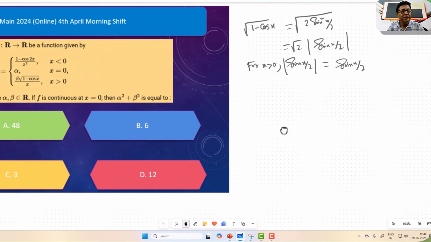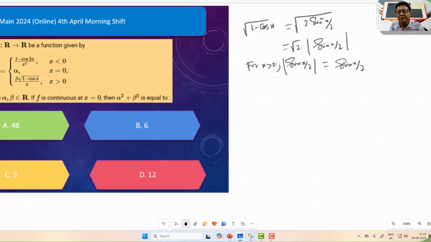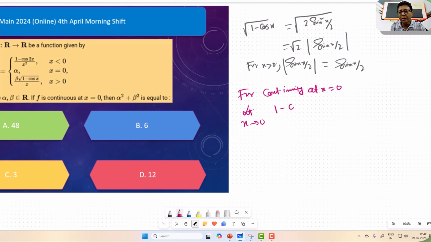Now if you just use the condition for continuity at x equal to 0, the limit as x tends to 0, the left hand limit part, this divided by x square will be equal to f(0). f(0) is alpha.